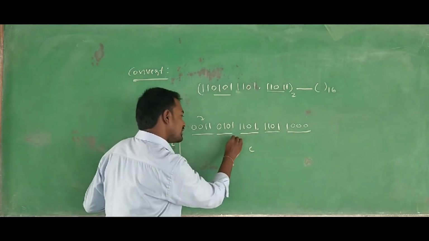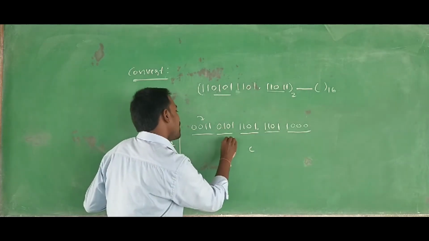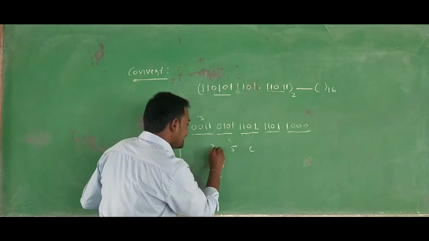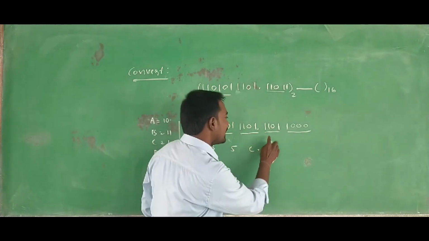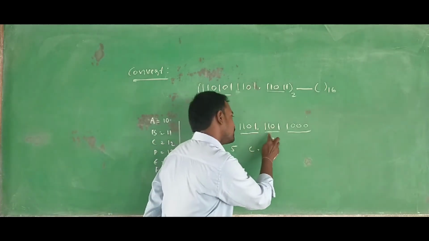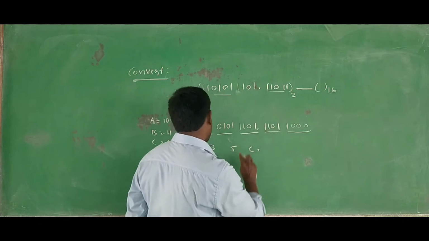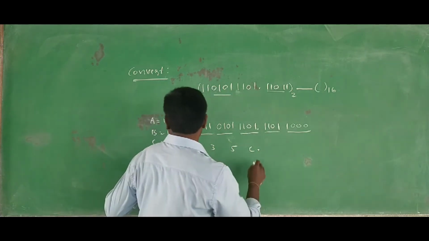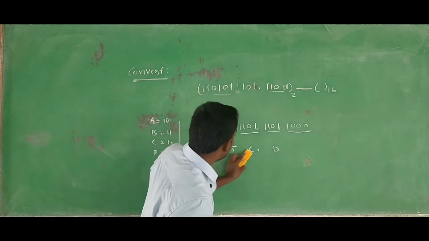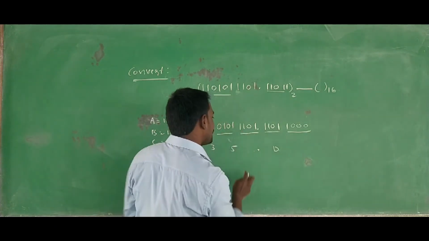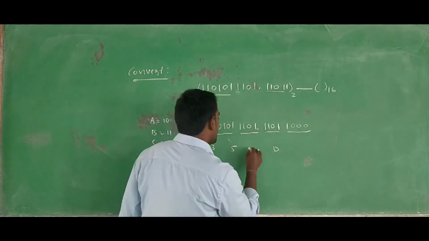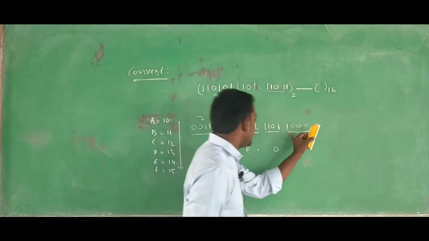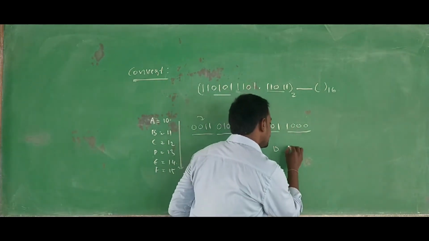Here 0101 is equal to 4 plus 1, which is 5, and here we are getting 3. After the fraction point, we get 8 plus 4 is equal to 12, plus 1 is equal to 13. The 13 is equal to D, and similarly here 8 plus 4 is equal to 12 and 12 plus 1 is equal to 13, that is equal to D. And here finally we have 1, that is equal to 8.